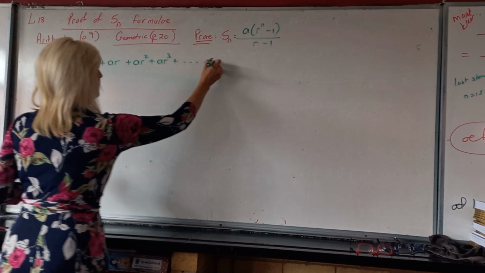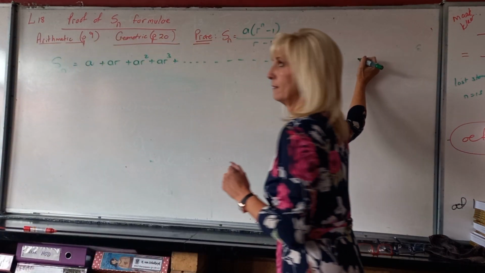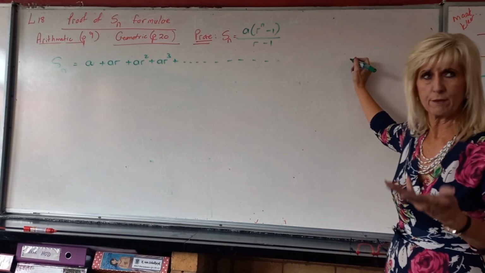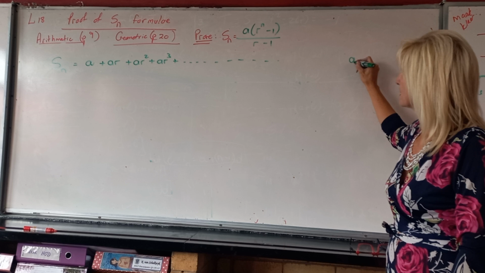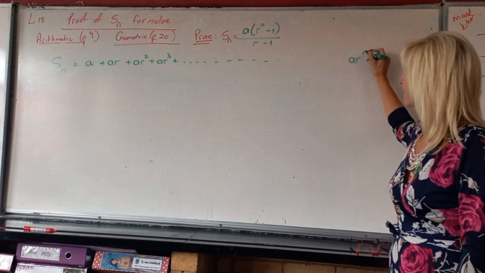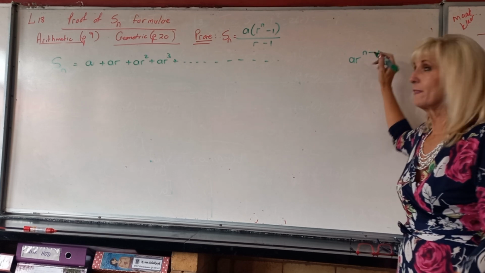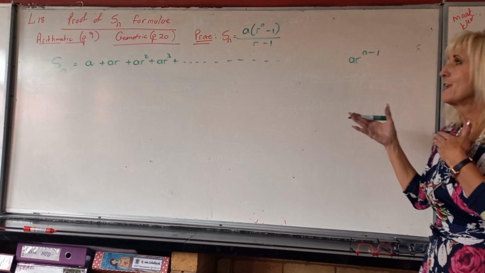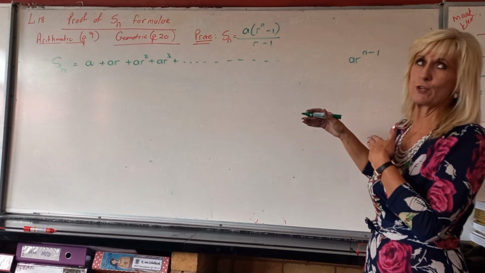Alright, and then, oh, we don't have an L. What is the last term? The nth term. And the nth term is? AR to the n minus 1. That's the formula for the last term, the nth term. Now, what would be the previous to last one?